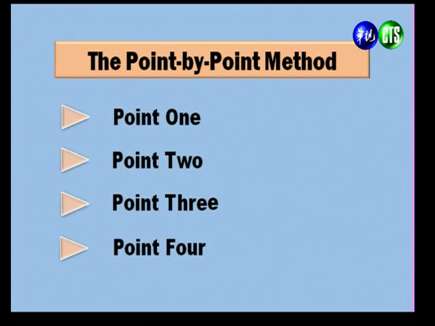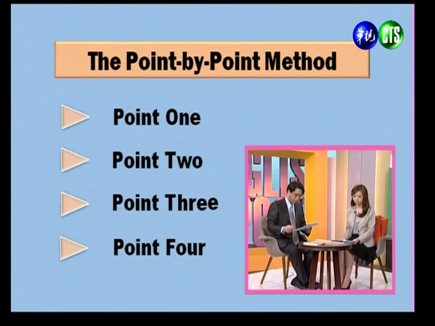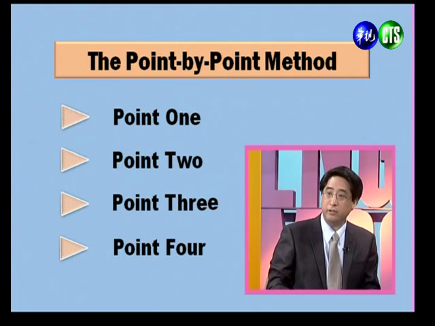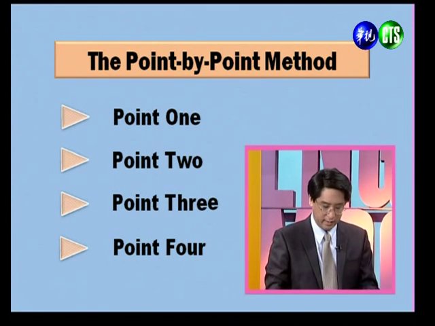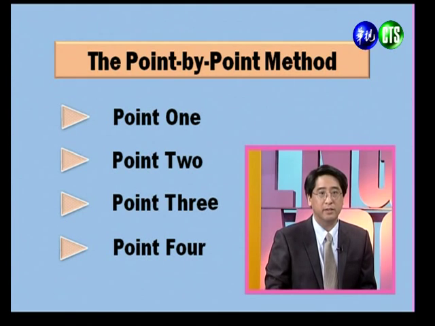And first, you'll write about how your two subjects are related on one single point of your topic. And then you'll start a new paragraph to tell how your subjects are related to the next point until you've covered all the points of your essay.